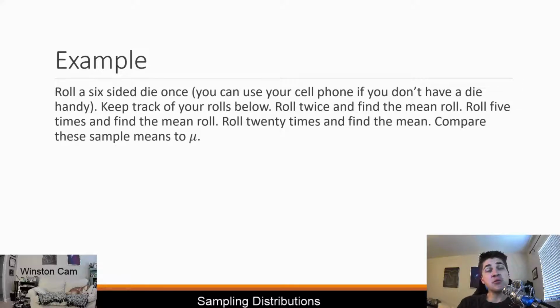Or you can also use Google to roll dice, which is what we'll do for the purposes of the online video. Basically we're going to keep track of our rolls, and we're going to examine the average value of our roll as we do more and more and more. So we'll start with 1 roll, and then 5, and then 20, and so forth.